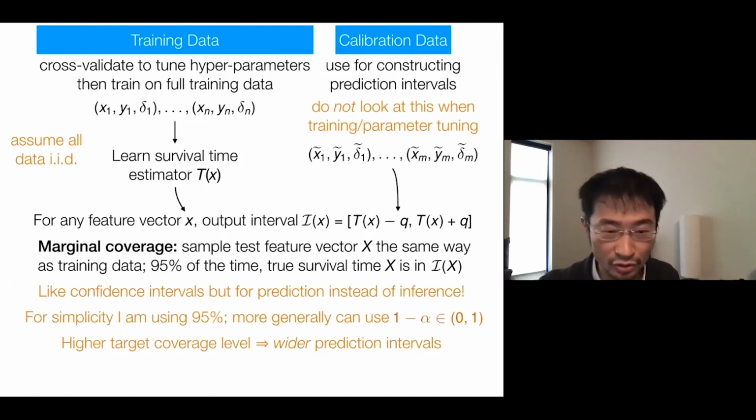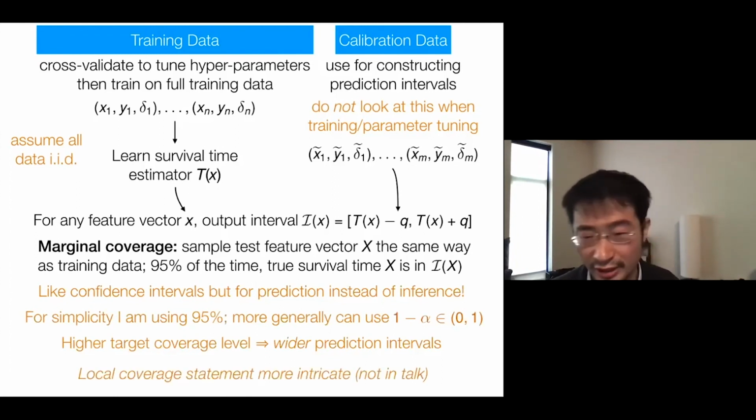Whereas if you tolerate more error, say you want the marginal coverage to be 60%, then the interval width will shrink. Okay. So I'll just say the local coverage, which I mentioned at the start of the talk, is also possible. I'm not going to go into the details for it because it's a bit more complicated. But I will be explaining how to construct the intervals for the local coverage case.